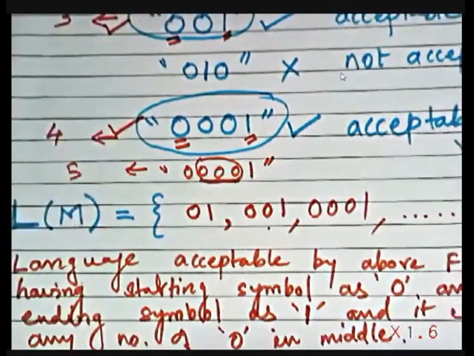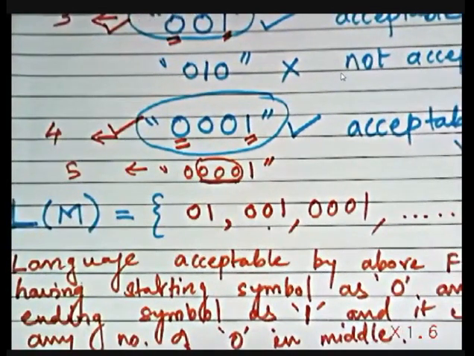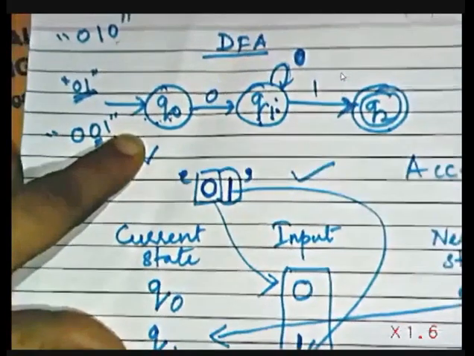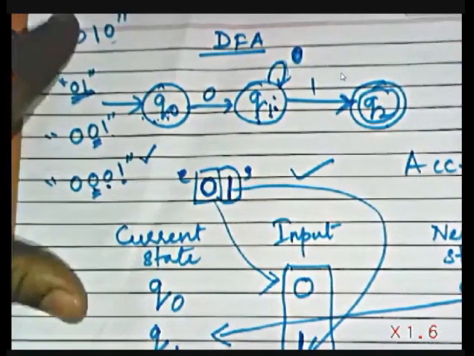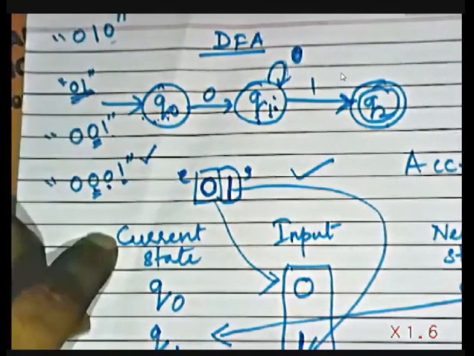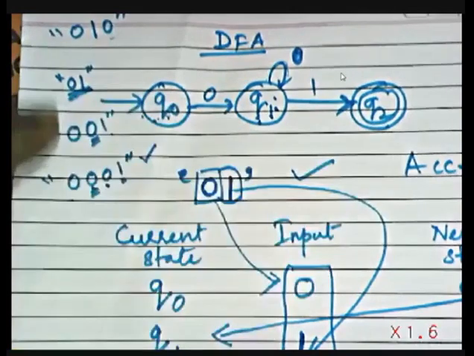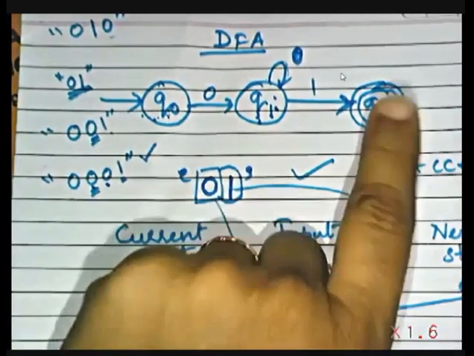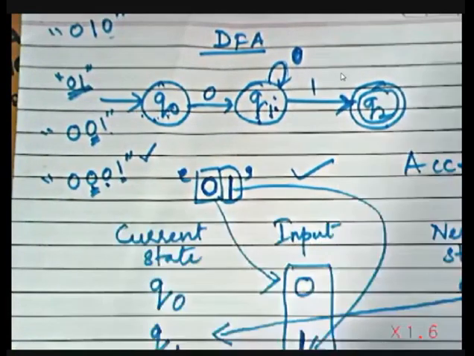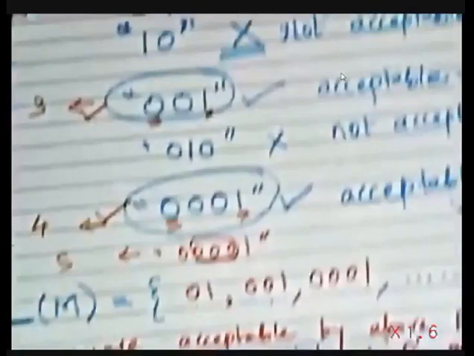Okay, so finally we can conclude that the finite automata is now acting as a language acceptor. How? If I give any input string to it, it can tell me whether the given input string is acceptable by that finite automata for which language it is defined.